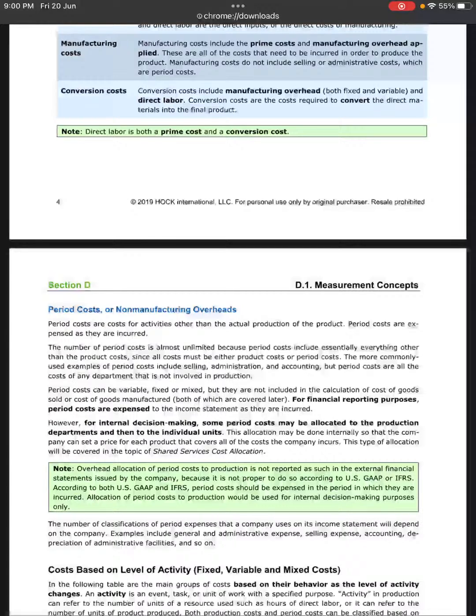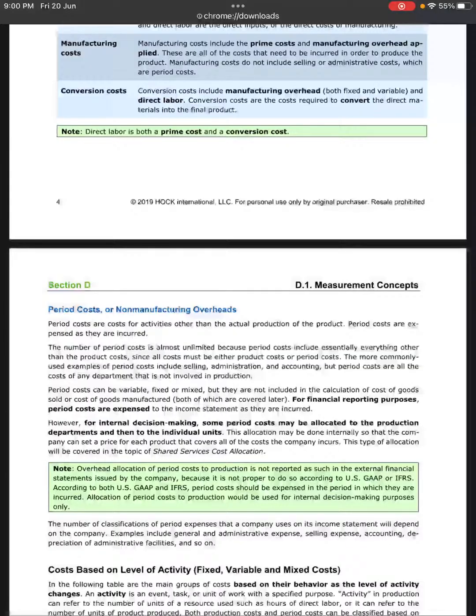What are the product costs? Product costs are only direct material, direct labor, and manufacturing overhead. Everything other than that, all expenses, are period costs. Simple. This says other than the product cost, since all costs must be either product cost or period cost.